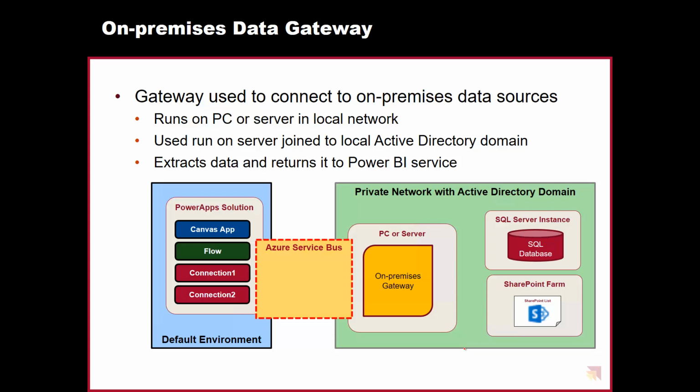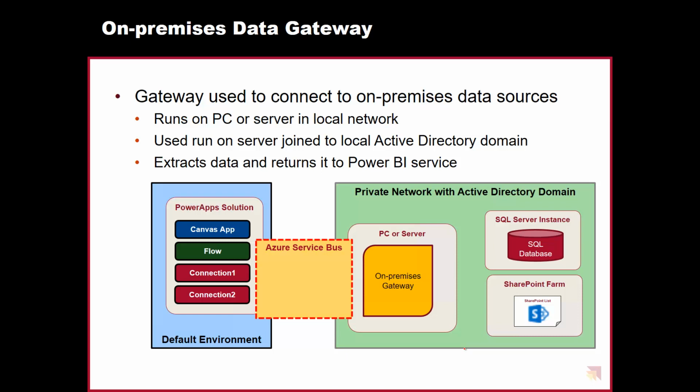Now, when this connection is made, note that the on-premises gateway makes outbound calls. So there are some firewalls you have to open, but I'd much rather open an outbound port than an inbound. So the only ports you have to open to get the Azure Service Bus connection are outbound ports.